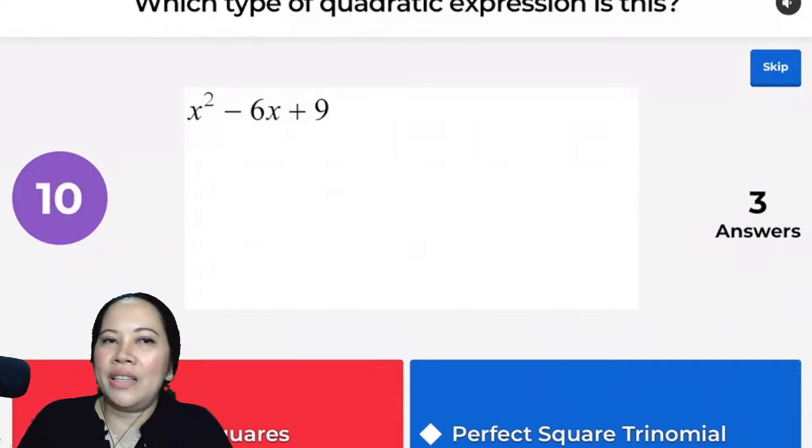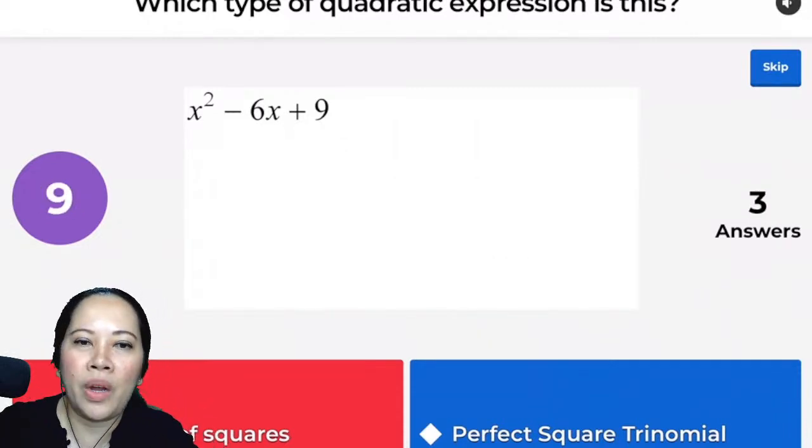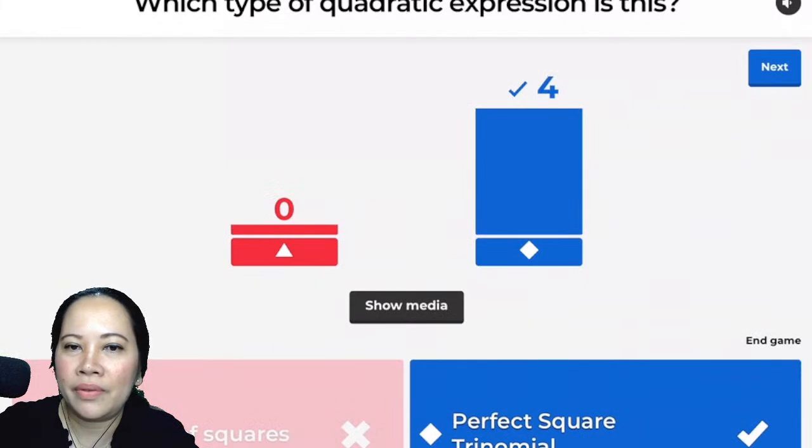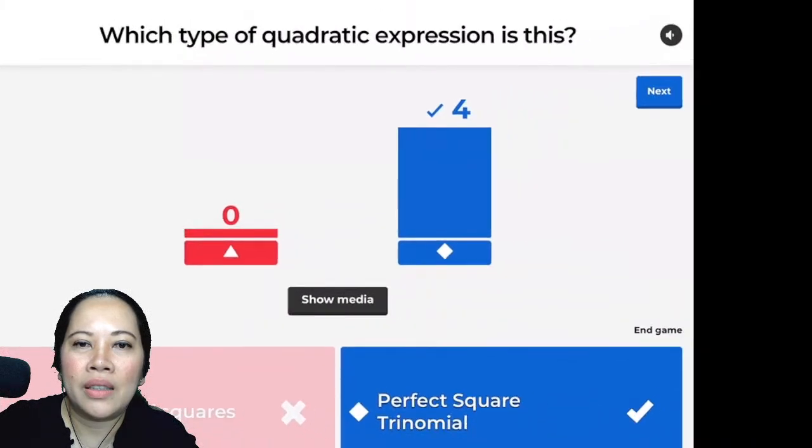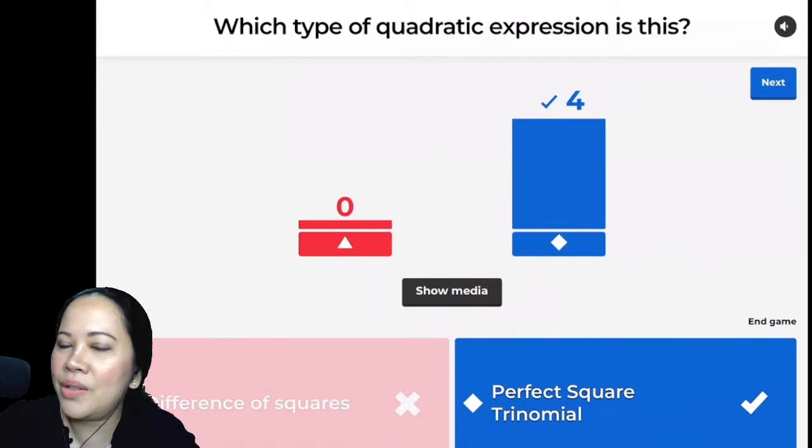Yes, that is correct. Let me just make it smaller. I think, yes, that is right.